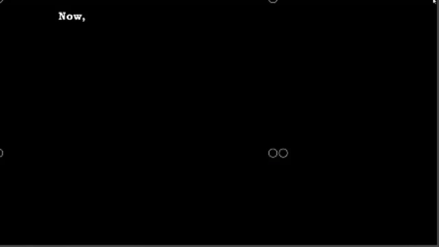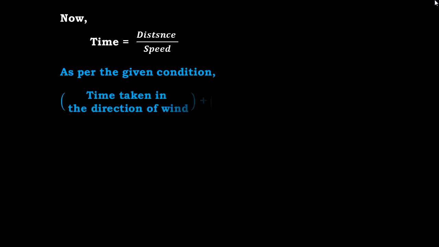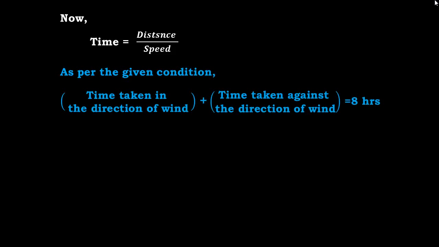Now see student, as per the given condition, we have to consider time because the time is given as 8 hours. That means time is equal to distance upon speed. So we can write time taken in the direction of the wind plus time taken against the direction of the wind is equal to 8 hours.